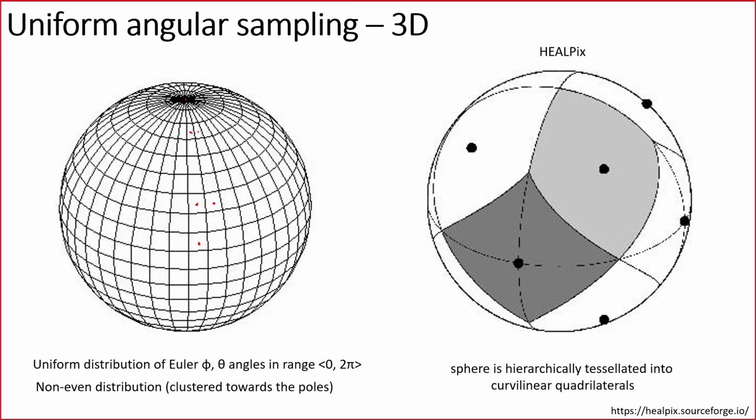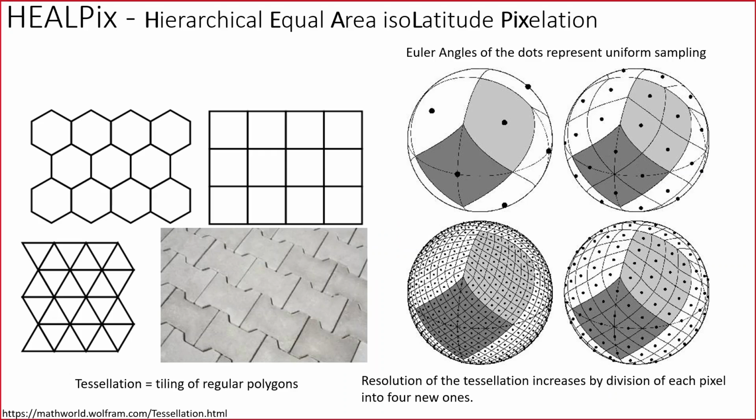What is a curvilinear quadrilateral? A quadrilateral is, for example, a square. So you have some kind of square, and curvilinear means that this square is projected on our spherical surface. And then there is also the word tessellation. Tessellation is in fact filling a surface with a tiling of regular polygons. So you choose a polygon and fit these polygons next to each other so that they completely cover a surface.